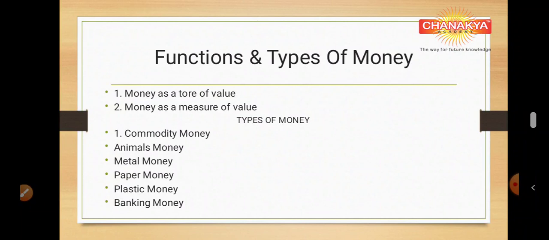Paper money, that is currency notes. Plastic money, that is the money available in the form of different cards, debit cards, credit cards, payment cards, and so on. And banking money, that is when the payment is done online without the exchange of physical currency.